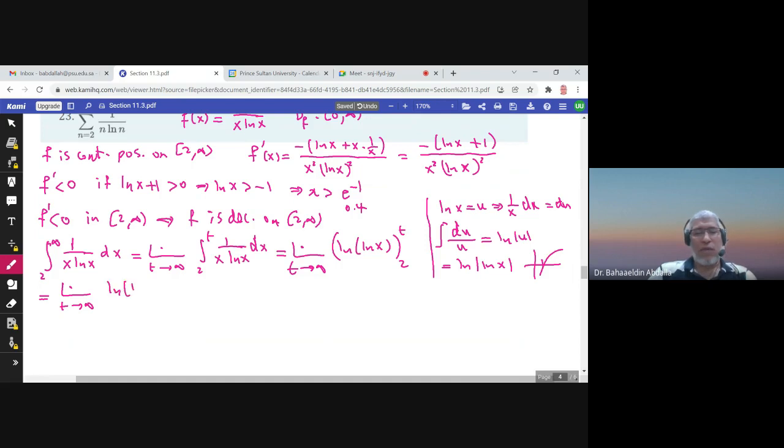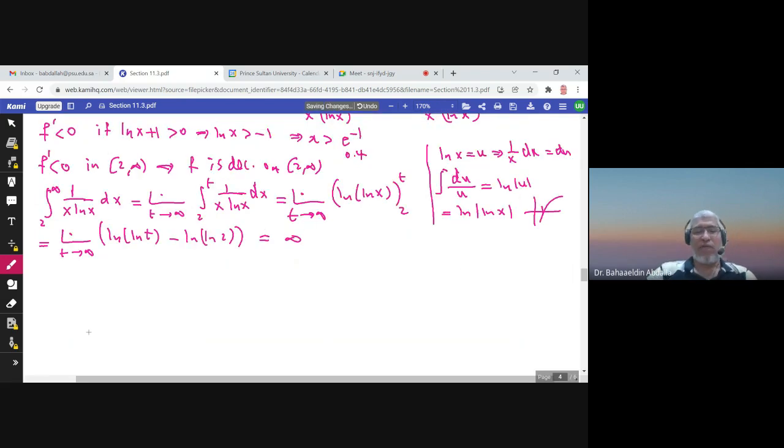So ln t minus ln 2. Well, ln infinity is infinity, so this is infinity minus anything, which is infinity, so the integral diverges.